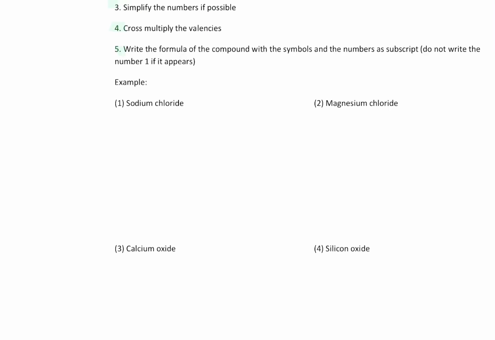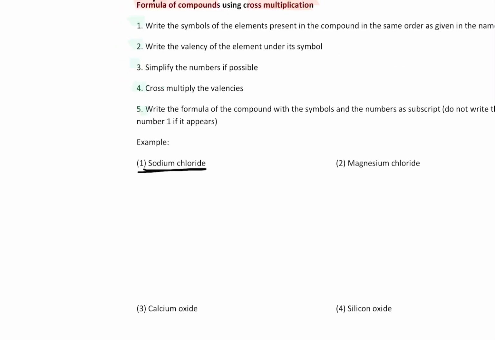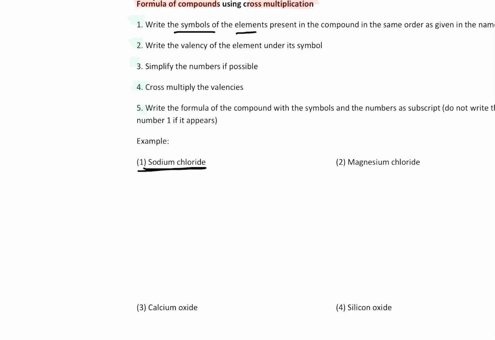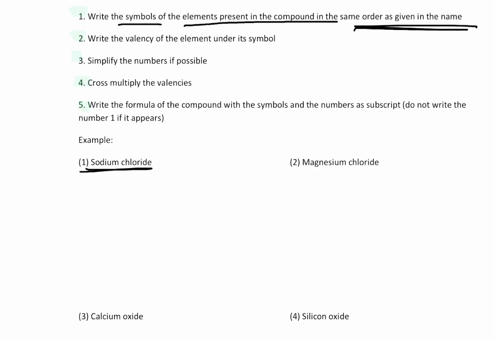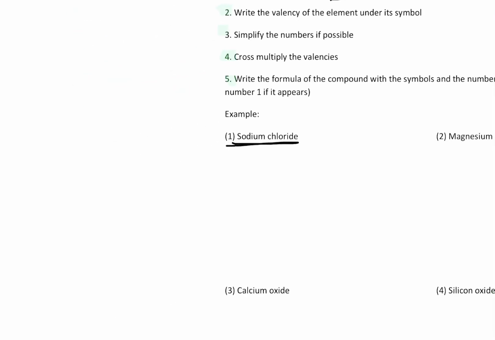So we need to find the chemical formula for sodium chloride. The first step is to write the symbols of the elements present in the compound in the same order as given in the name. So sodium chloride, sodium comes first. I'm going to write the symbol of sodium, which is Na. I will look it up in the periodic table. Sodium is Na.